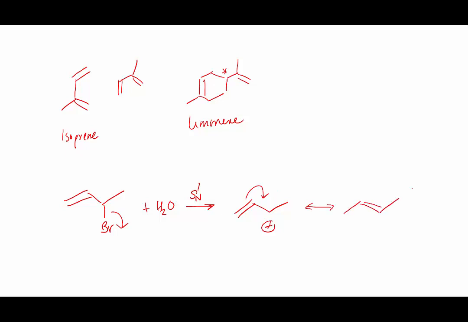You can do that on your own time, but that would be the next thing to do after this, to write the resonance hybrid. So now what am I going to do with the water? Add it to both. How many steps? 2, right? Because I got to form the oxonium ion. Then I got to lose the H plus to get the final product.